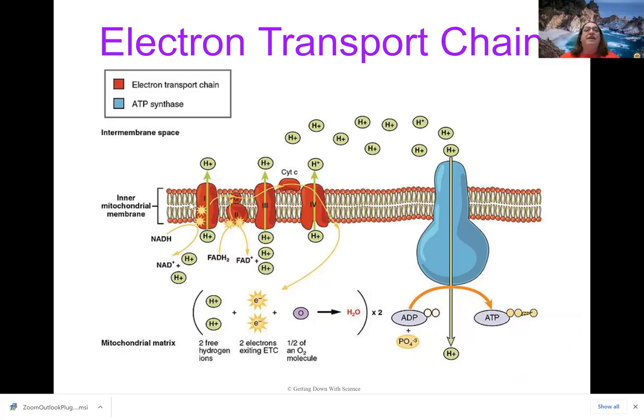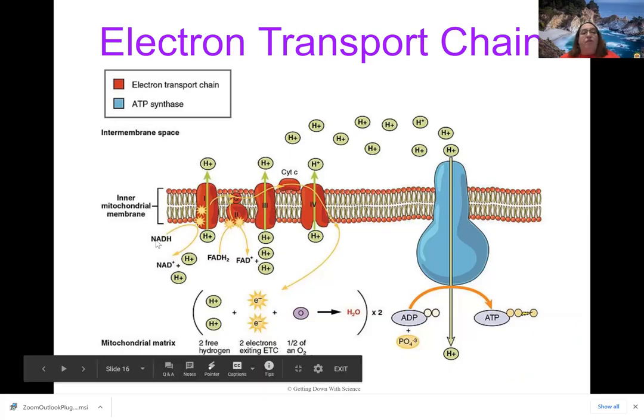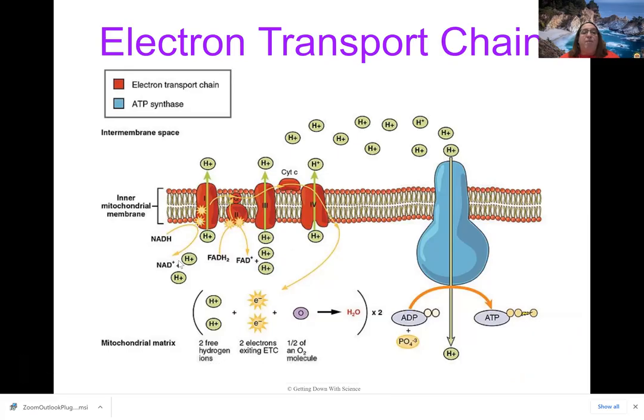So here is a pictorial that kind of shows you the process. And if you notice, just looking at the process, here's our NADH. It's going to come drop off and we get those hydrogens floating. FADH2 is going to come drop off hydrogens. These hydrogens then are going to get moved as we're passing the electron.